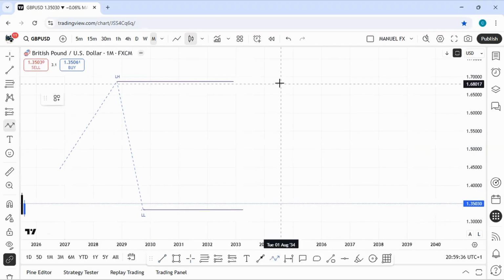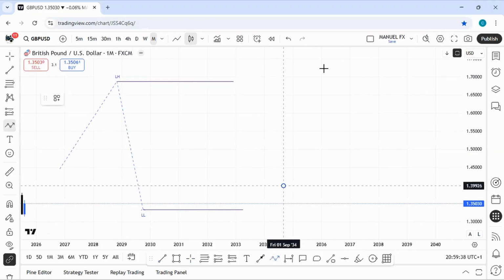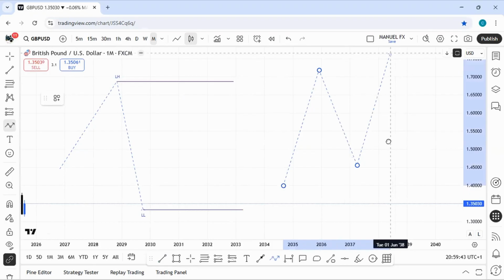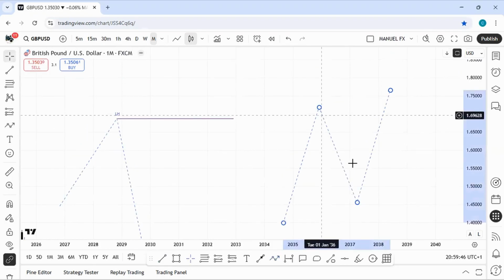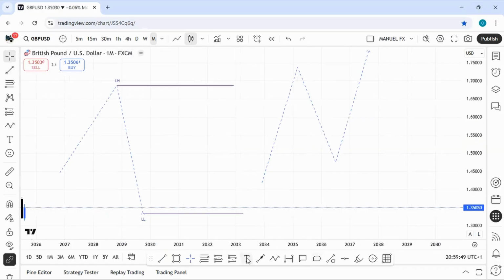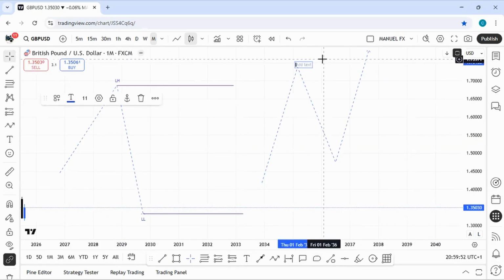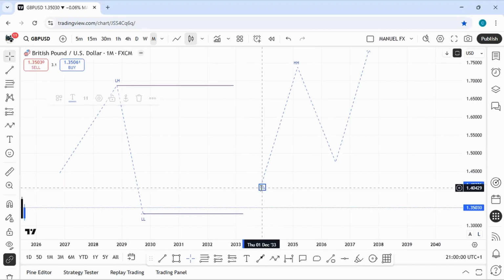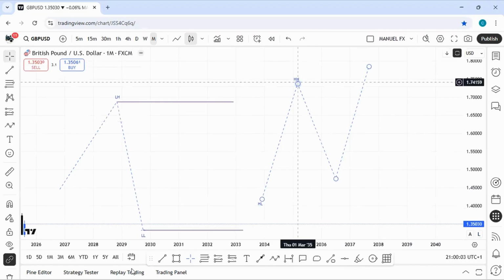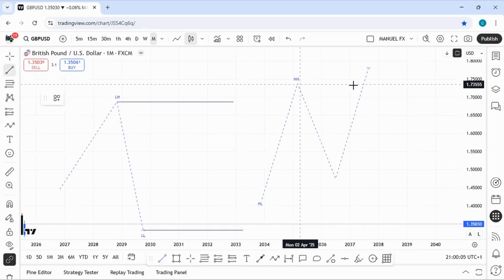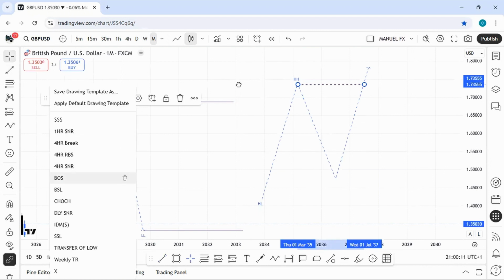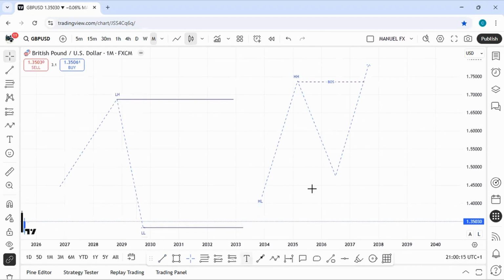Then for an uptrend, if we call here our higher high, and call here our higher low, and then this is a valid break of structure, then it means that here becomes our higher low.